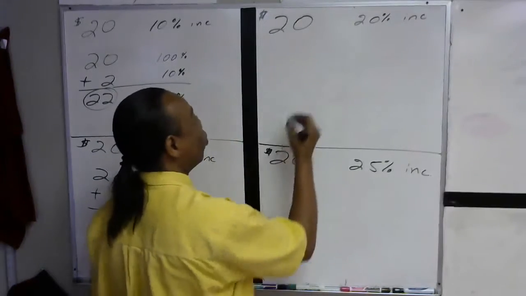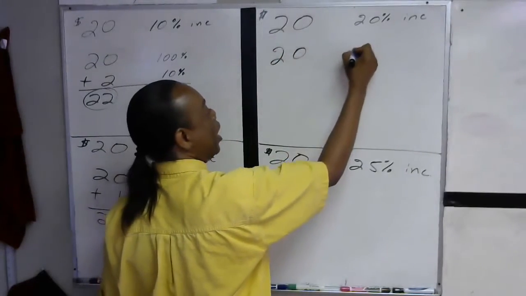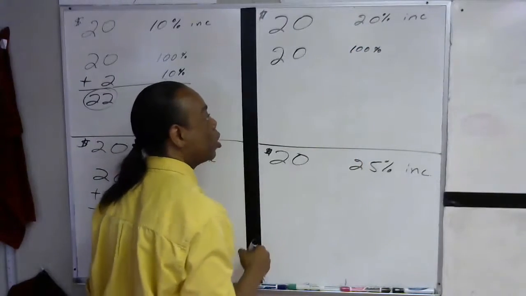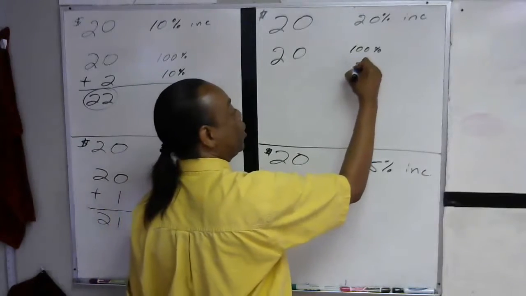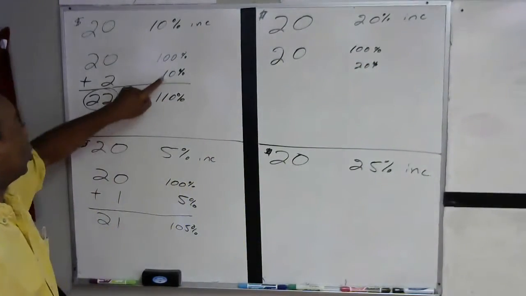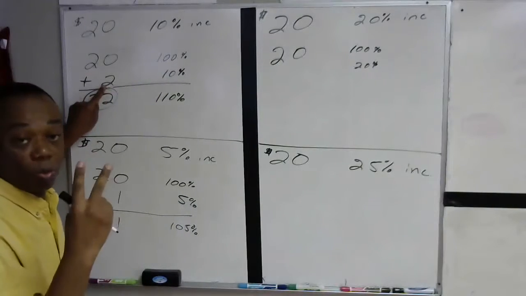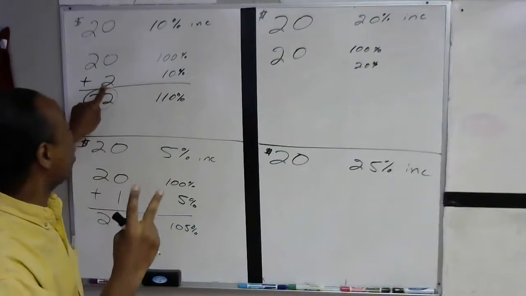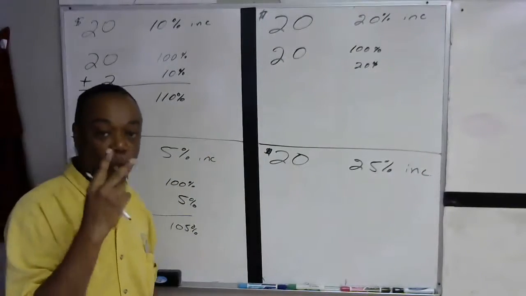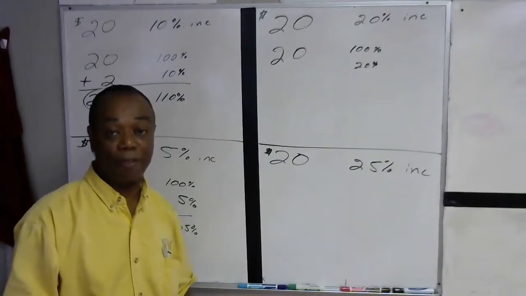Okay. So once again, write down 20 and label it as 100%, which is the original number. Okay, to find 20%, we do this. We go back to the 10%. We said that 10% was 2, right? Well, 20% is going to be twice the 2. And twice 2, or 2 plus 2, you're going to get 4.